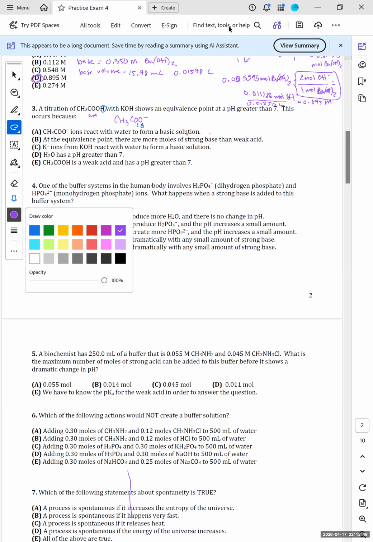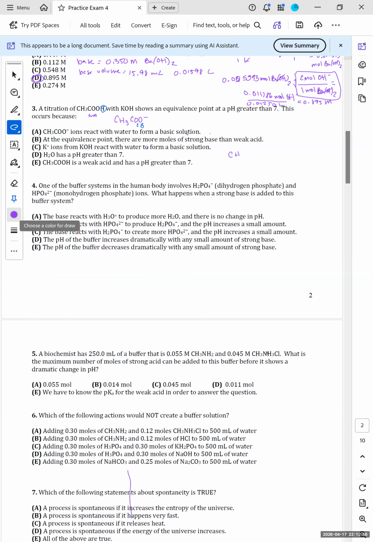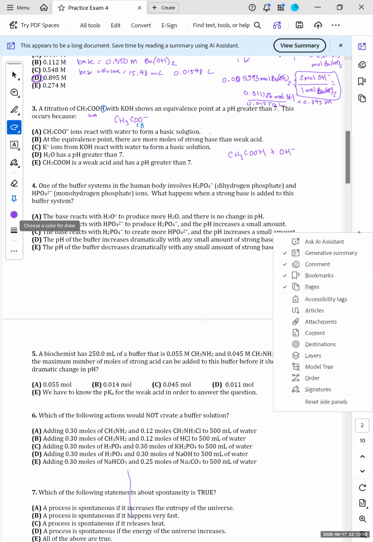If I were to write out the equation, it would look something like CH3COOH, and a titrant. And this OH is the same as this KOH, right? K is the spectator ion, and it creates the negative.